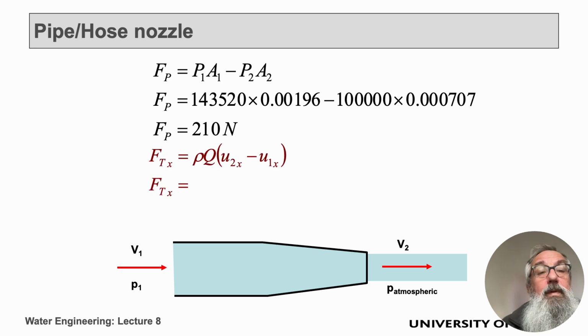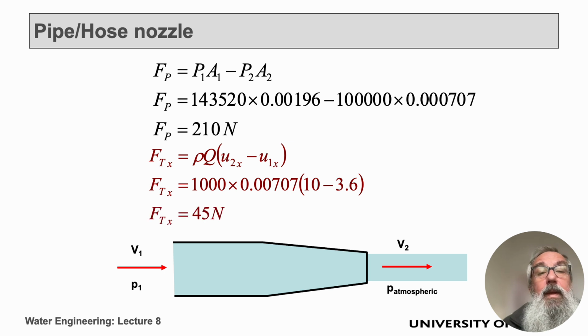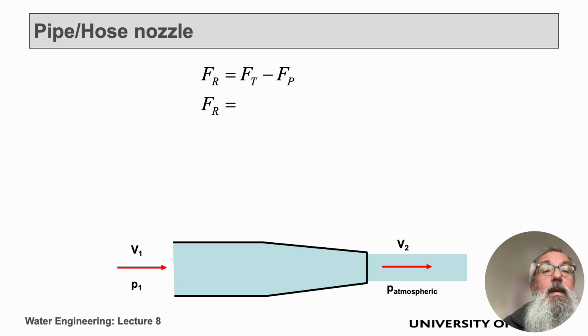The total force is rho Q (u2 minus u1) in general, and in the x direction. So we're only working in the x direction, so it's (u2 minus u1) times rho Q. That comes out to be, if we put the numbers in there, 45 newtons. So fairly small forces compared to what we've been working with elsewhere.